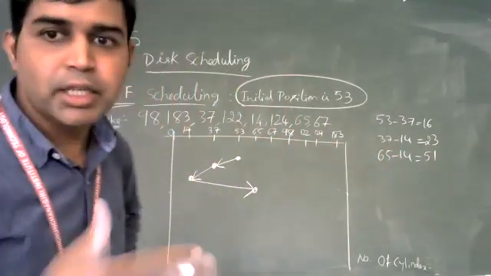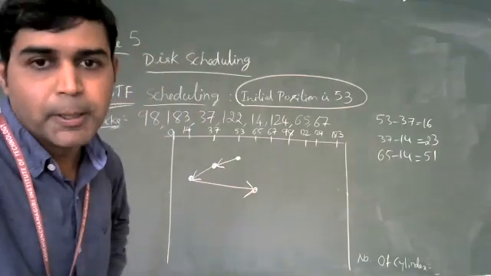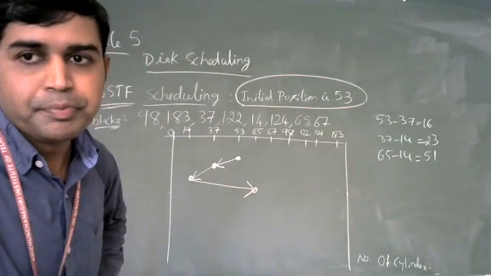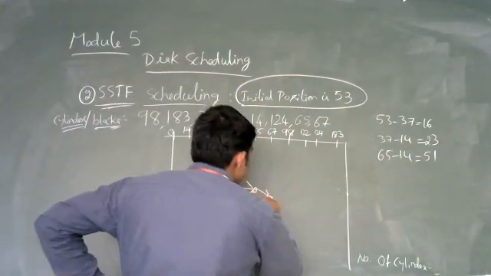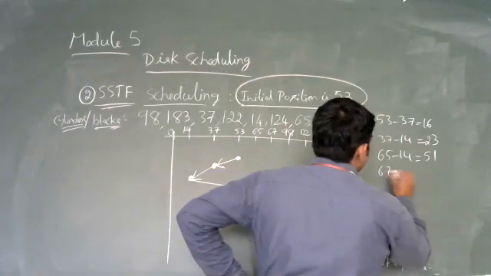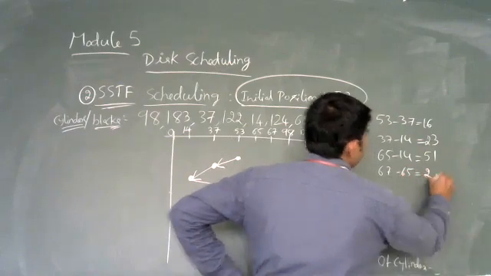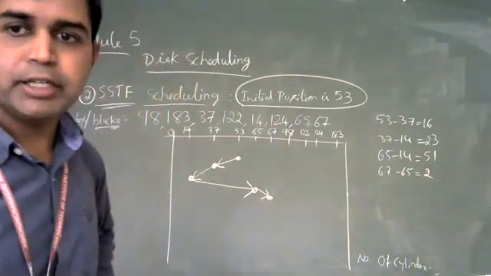Next, which is nearest from 65? 67. 67 minus 65, it is 2, correct?